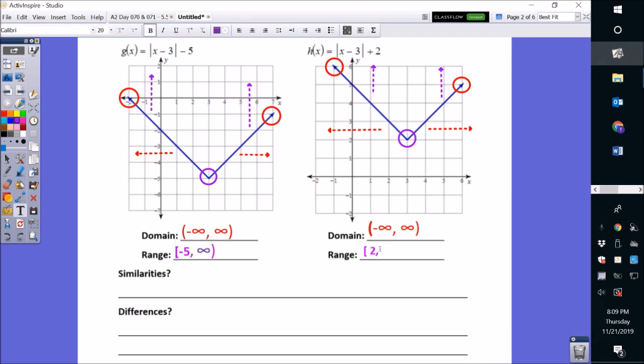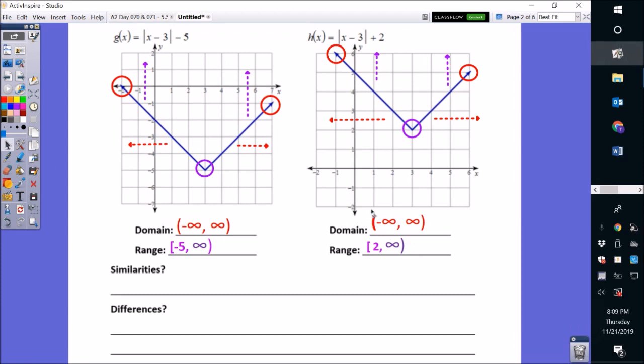So we're going to write infinity. And then since we're using infinity, we're going to be ending with parentheses, like so. So this is my domain and range for this graph.